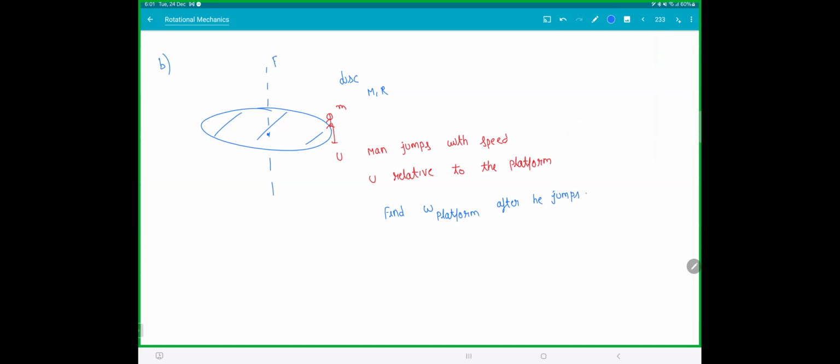This is a fixed hinge. The disc can only rotate, it can't go front and back. So this and the previous one are kind of related. There the bullet is coming and getting stuck, here the man is jumping from it.